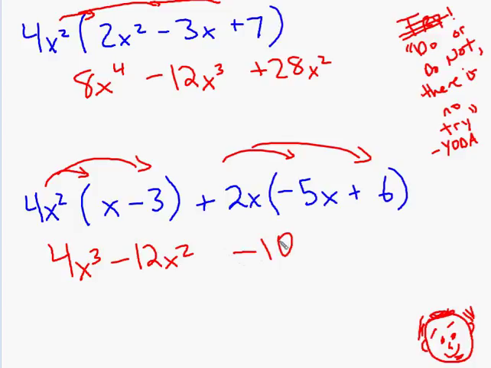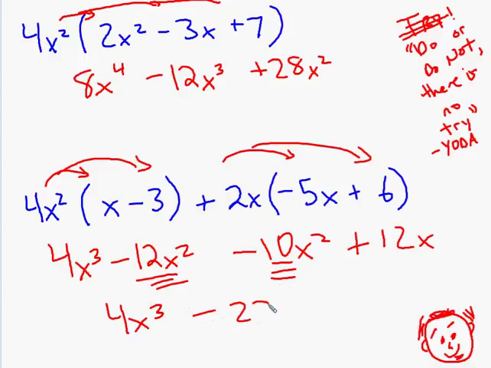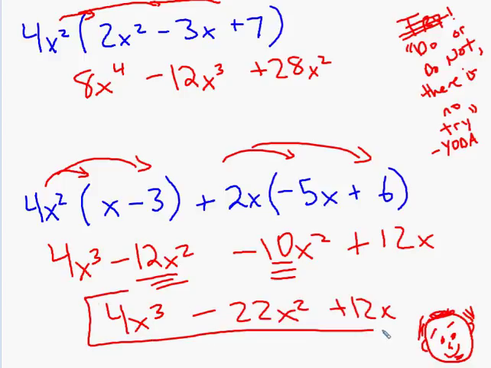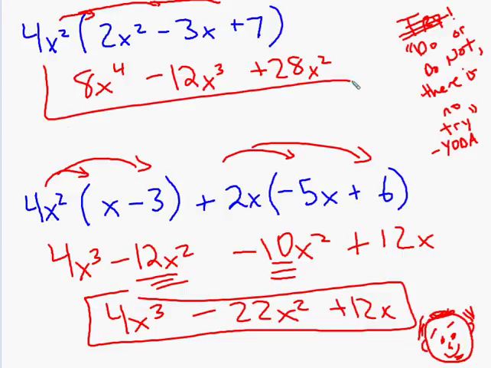Minus 10x squared. And then plus 12x. Finally we combine like terms, we only have two like terms. So we have 4x cubed minus 22x squared plus 12x. Okay, final answer there.